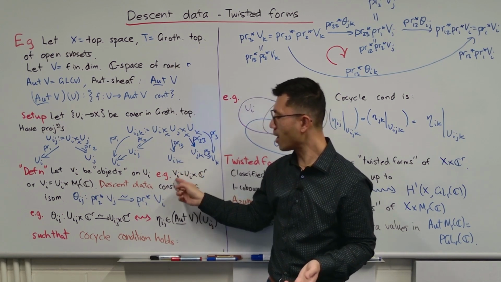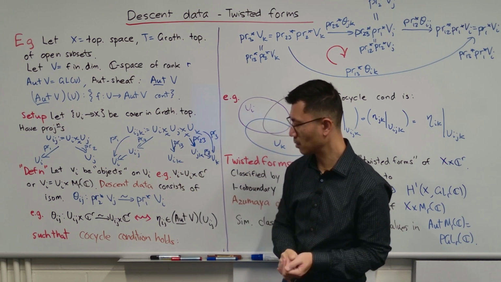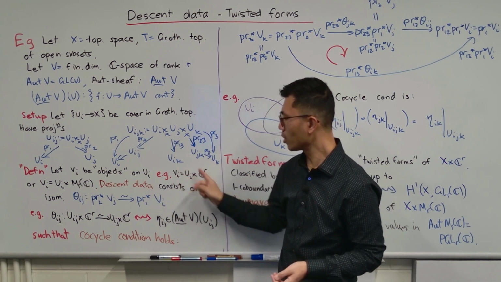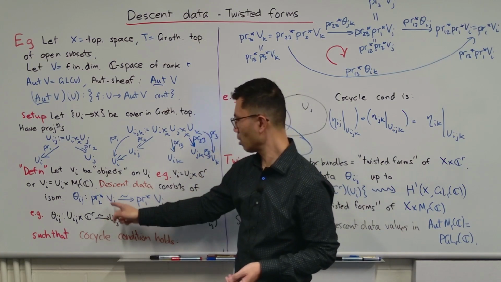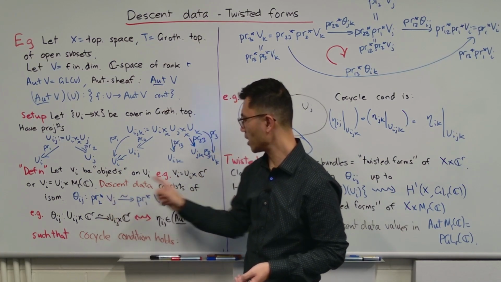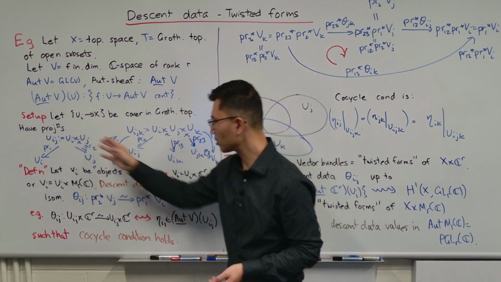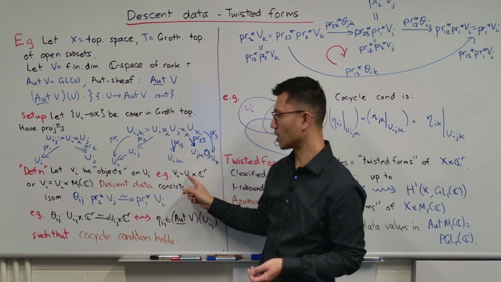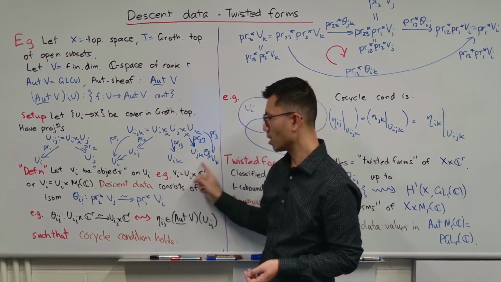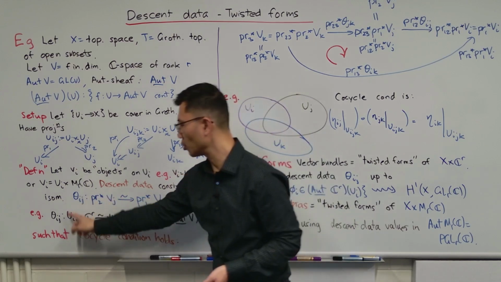So this V_i you can assume to be U_i cross C^r on this patch U_i. Then let's look at U_j. This V_j will be U_j cross C^r, and you pull it back. That means you restrict this U_j cross C^r to the intersection of U_i intersect U_j. So that's U_ij cross C^r. That's the pullback of this V_j to here.